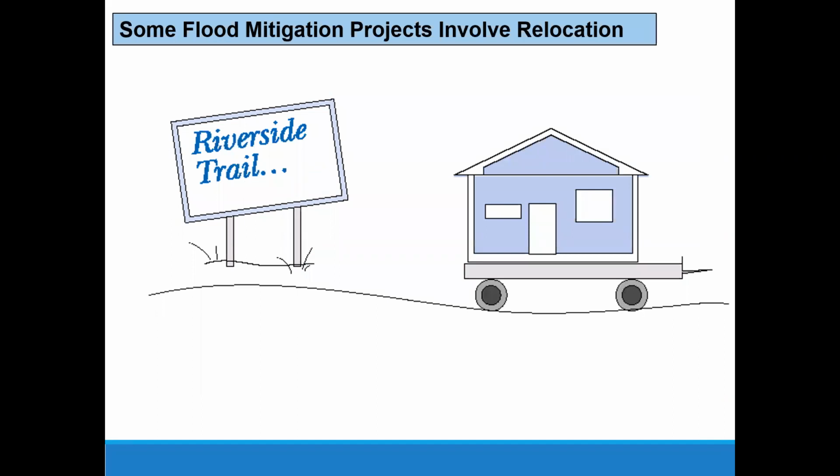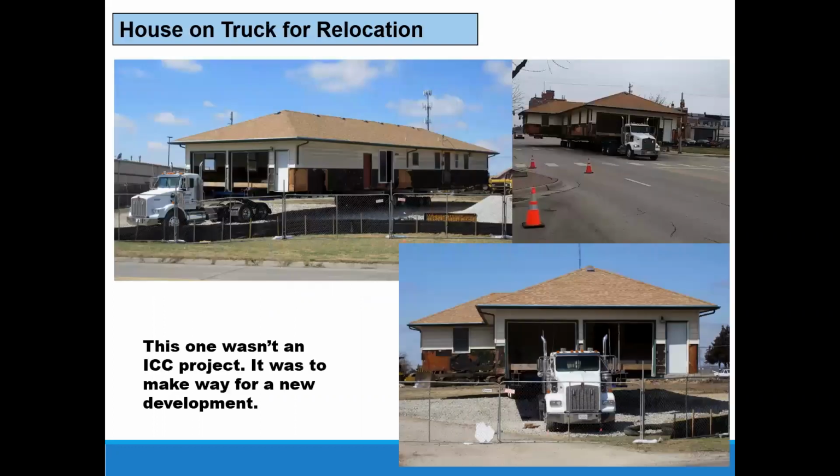And there are other mitigation projects. So it could be relocated. I think it's Fred, right? Relocation, elevation, demolition, something like that. So they have different mitigation options. If the structure is able to be moved, relocating it is an option.